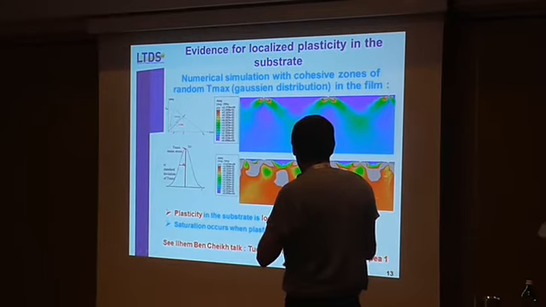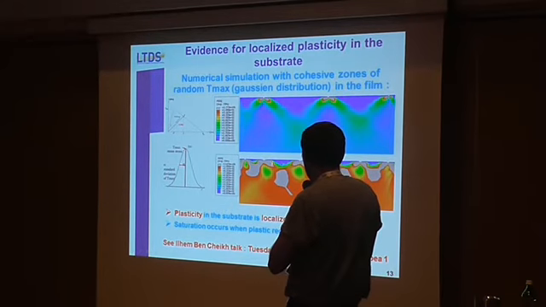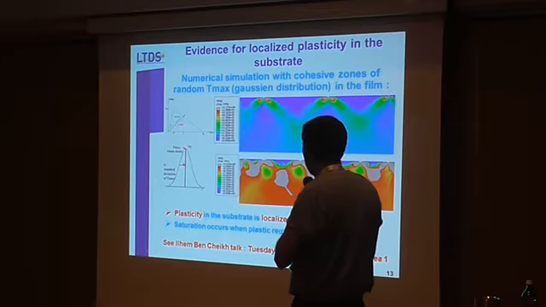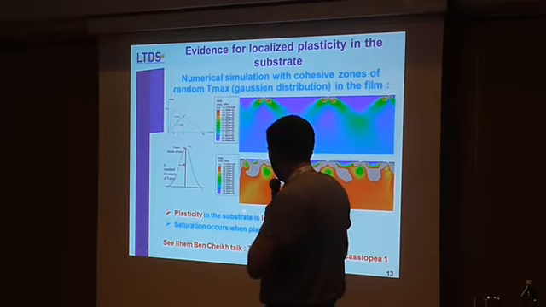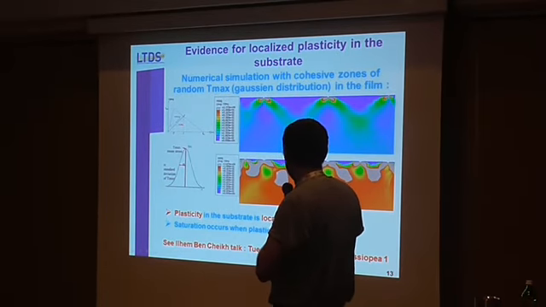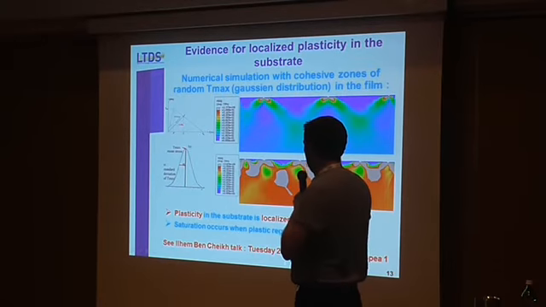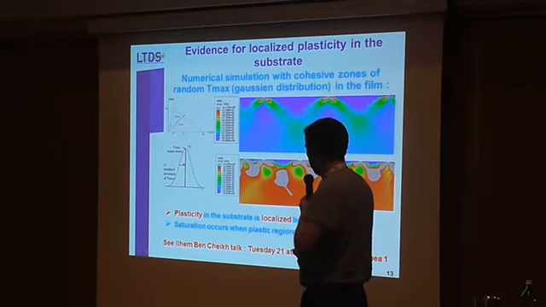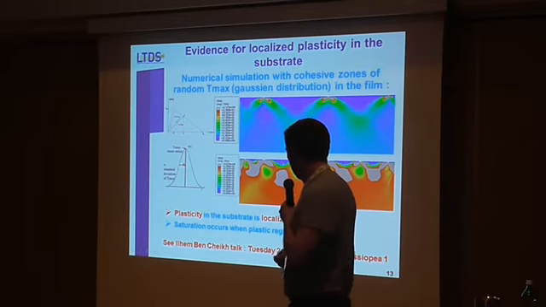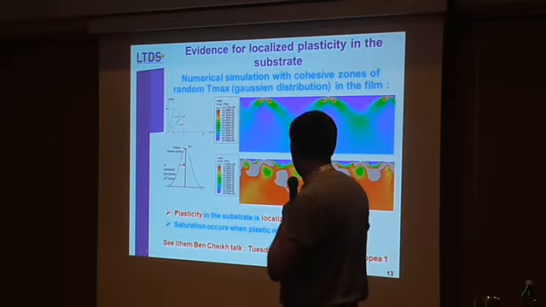At high strain, we see that the plastic region collapses, and we think that this collapse of the plastic region below the cracks is the reason for the saturation. If you want to know a lot more about those numerical simulations, you can see a talk this afternoon in the same room, I think.